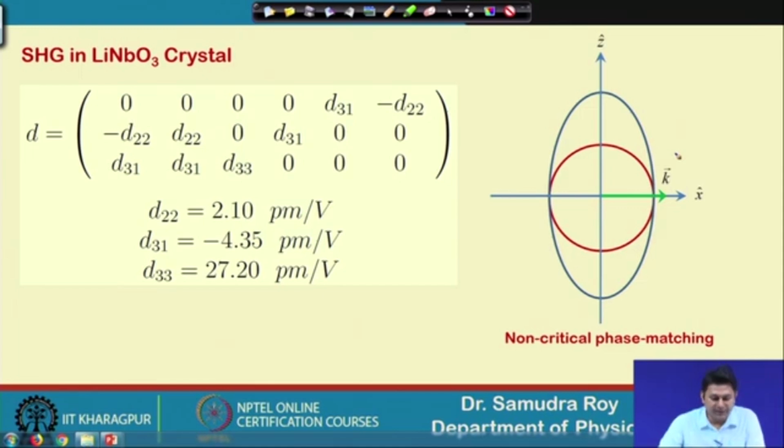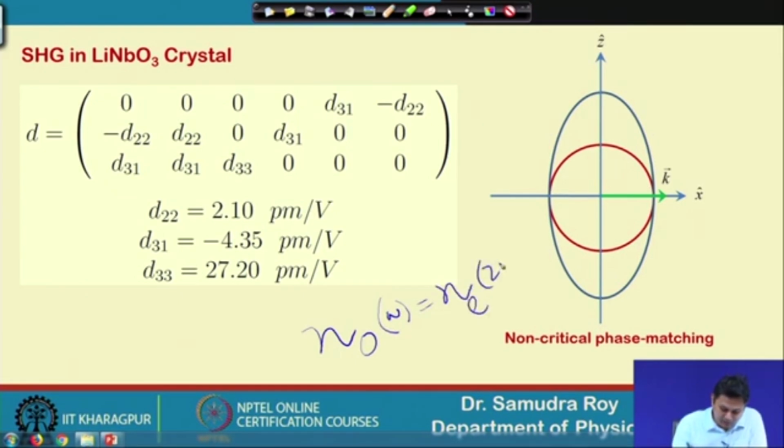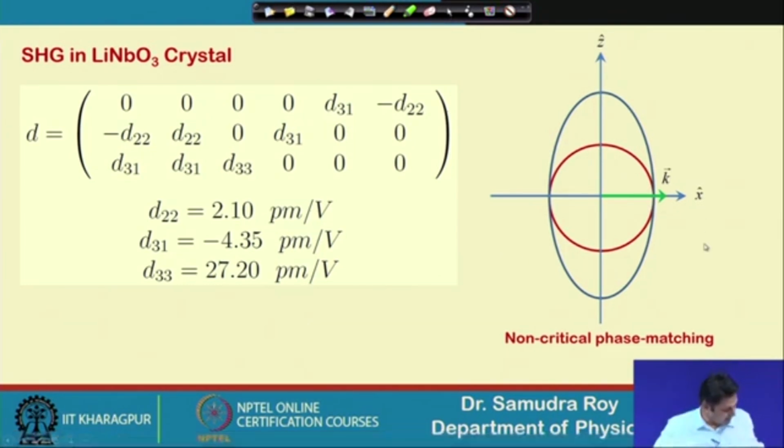So by varying temperature there is a possibility that we can make the condition n_o of omega equal to n_e of 2 omega, but without any theta involvement. That means this angle should be pi by 2, and one can achieve that in the lithium niobate system. Okay, let us see what we have in the next slide.